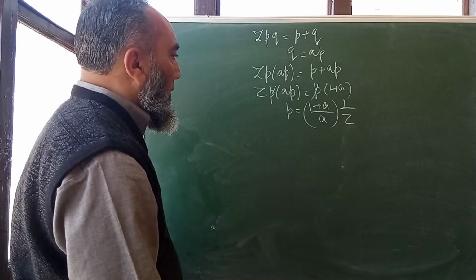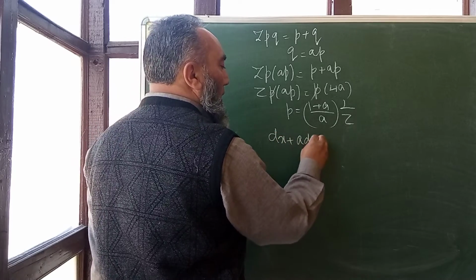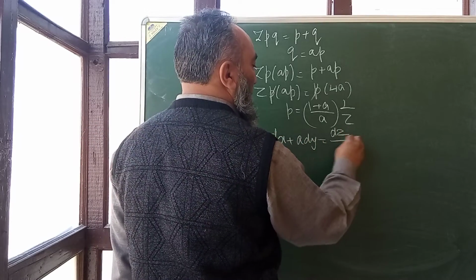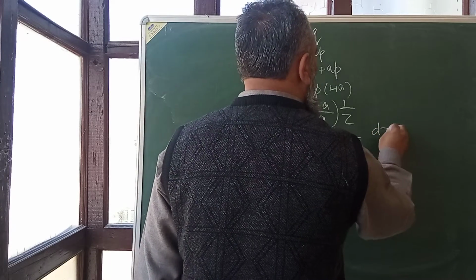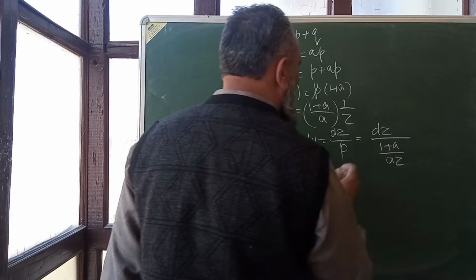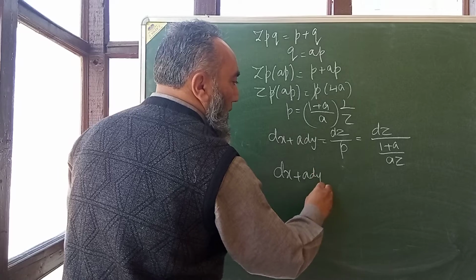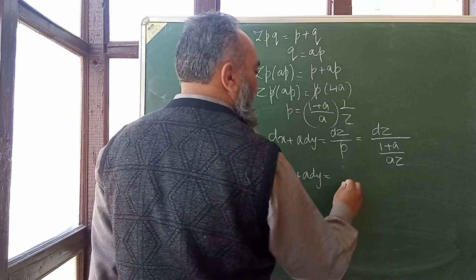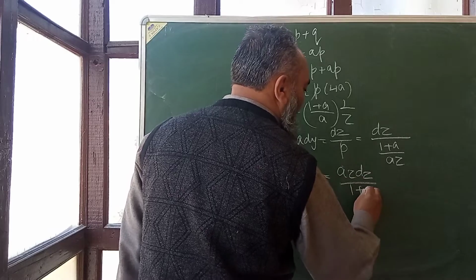Now we know dx plus A dy equal dz by P, which is equal to dz upon 1 plus A by AZ, or dx plus A dy is equal to A Z dz upon 1 plus A. So let me integrate it.